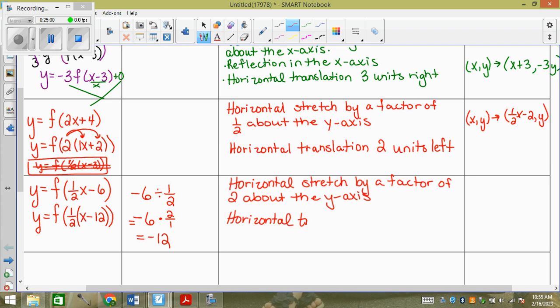What? xy becomes 2x, obvious, right, plus 12, comma 1. Okay, you try this one.